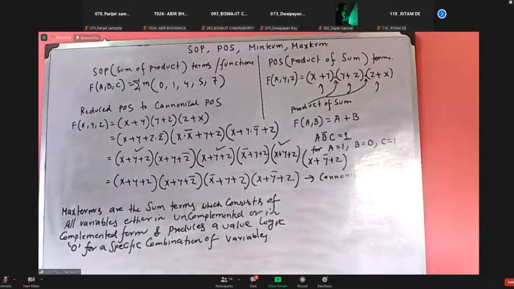That means x equals 0, y equals 0, z equals 0. So this will be denoted by a max term. Max terms are denoted by capital M, just as min terms were small m.